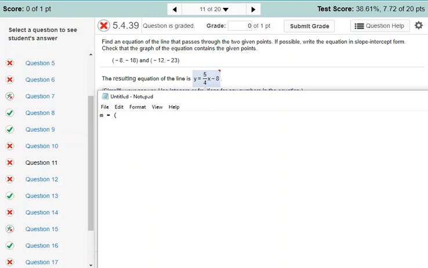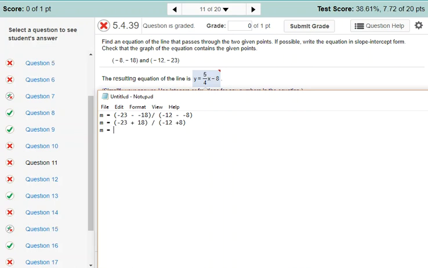So I know that to calculate slope, I do y2, which is negative 23, minus y1, which is negative 18, divided by, and then I need x2, which is negative 12, minus x1, which is negative 8. Okay, so my slope is, first of all, I need to simplify my negatives. I've got negative 23 plus 18 divided by negative 12 plus 8, because the double negative's there.